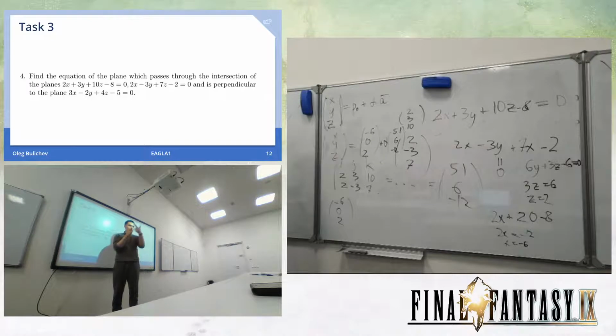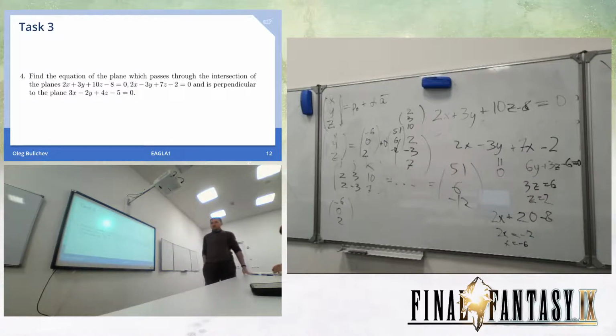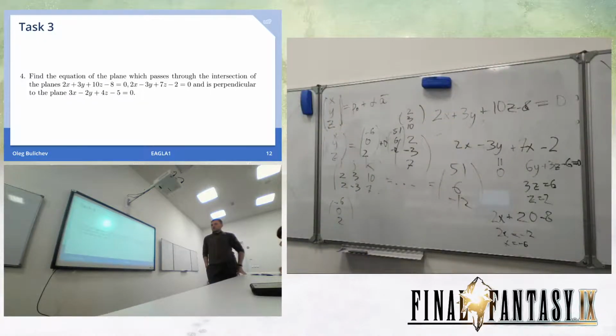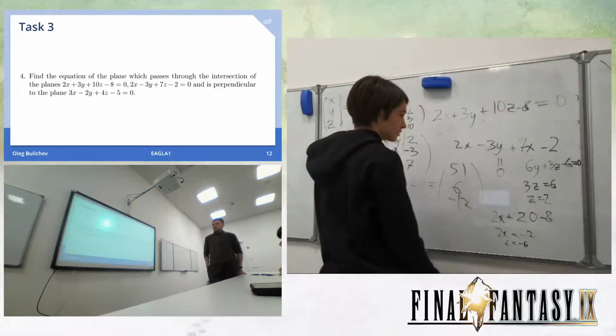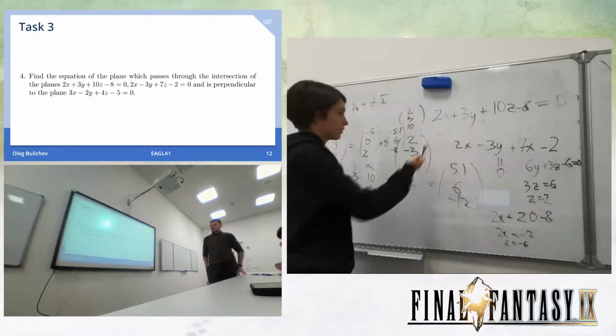So cross product provides us the direction. After this, we know the direction, but we need to find the equation itself. To find the equation, we just play with these two equations. I have subtracted them, then I have substituted y for 0, found that, and then I found x.